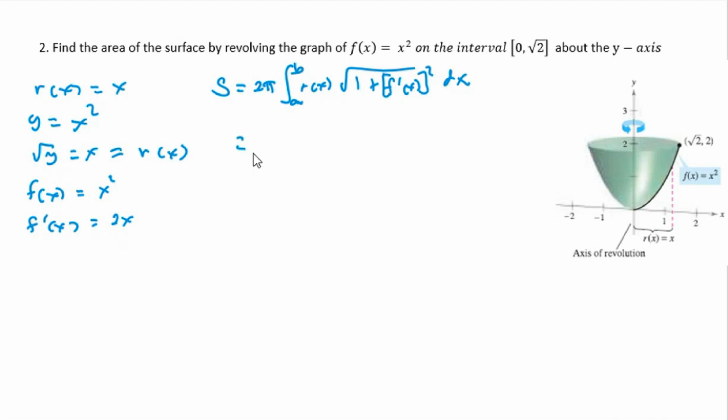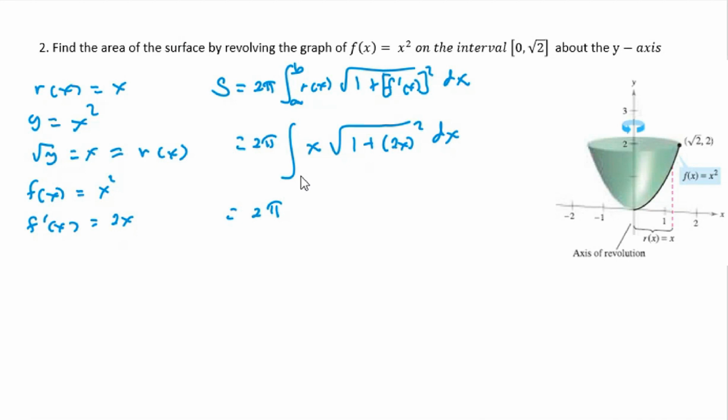So by substitution, I have 2 pi times the integral of, r of x is equal to x, so therefore x times the square root of 1 plus the derivative, f prime of x, equals 2x, squared, dx. By simplification, we can write now 2 pi.